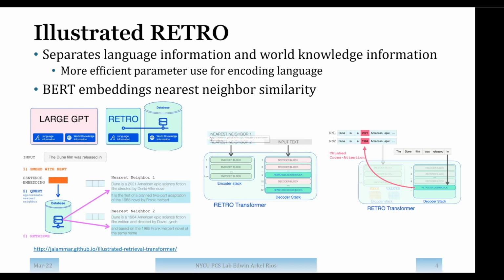The neighbors pass through a small transformer encoder, and then the query is passed through a decoder, which does cross attention. Specifically, they propose this chunked cross attention mechanism for doing cross attention to the encoder values and keys.